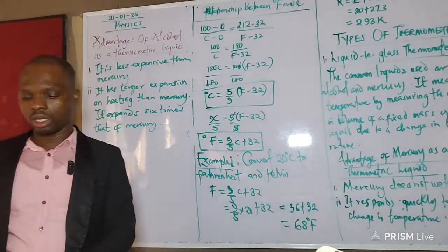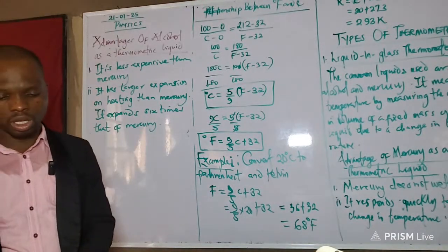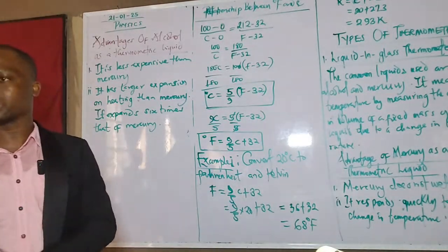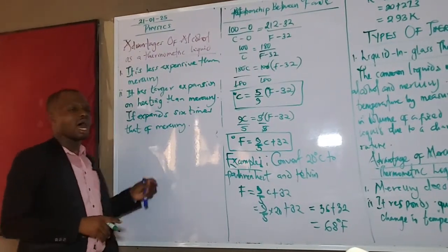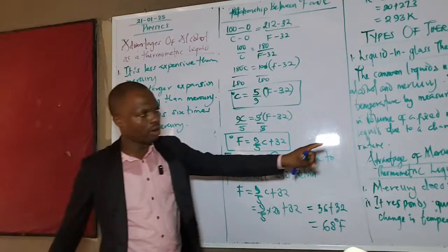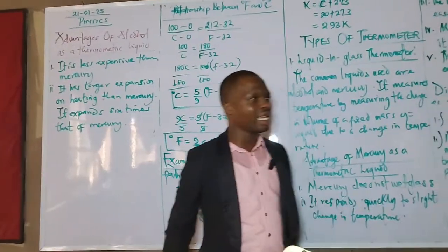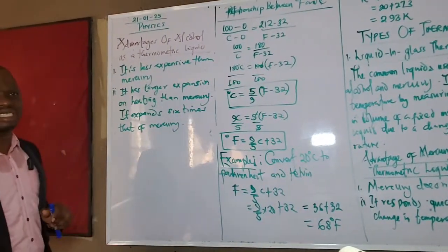We can also talk about its ability to measure very low temperature. As we said under the disadvantages of mercury, it can only reach minus 39 degrees.